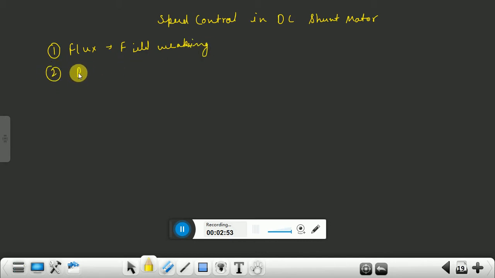Or next is from the armature side, armature resistance control, by changing the armature resistance, or connecting a rheostat in series with the armature. Okay, and third is voltage control.